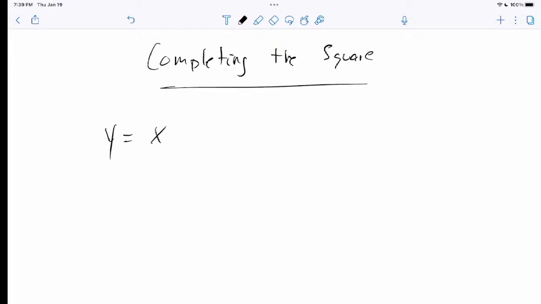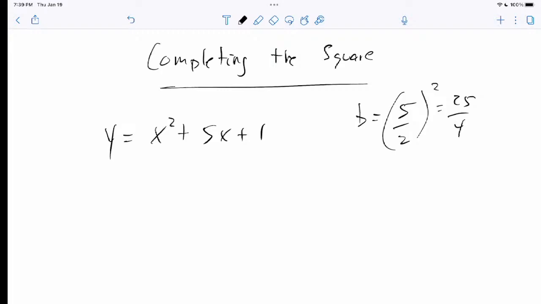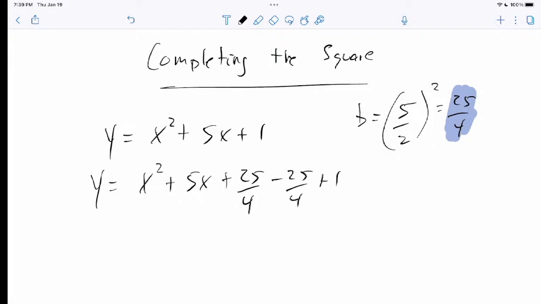So to complete the square, you have yourself a quadratic. Let's say I just write any old quadratic down. What you do is you identify your b value, which is 5 in my example here. You divide it by 2 and then you square it, which in this case is 25 over 4. So that becomes the number that you add and subtract. So I'm going to add 25 over 4, subtract 25 over 4, and add 1.